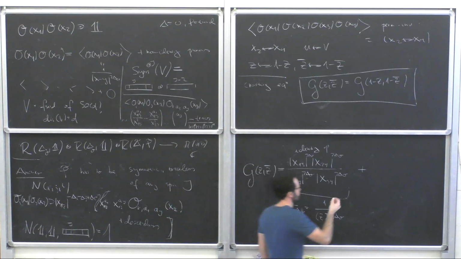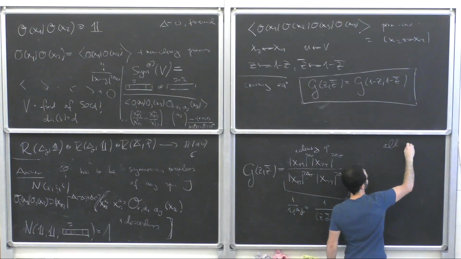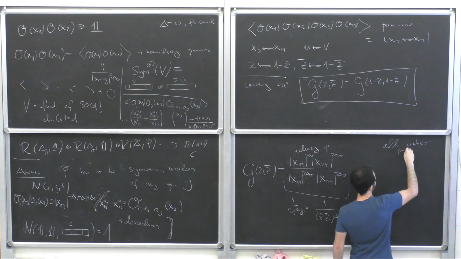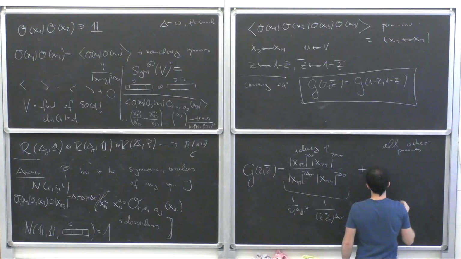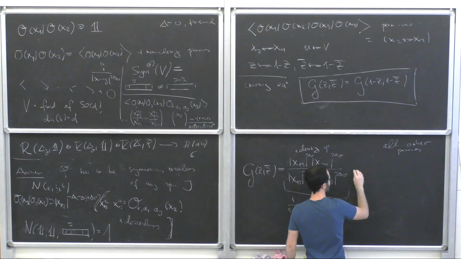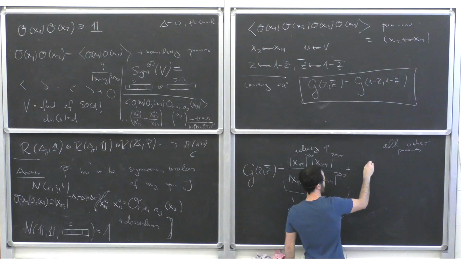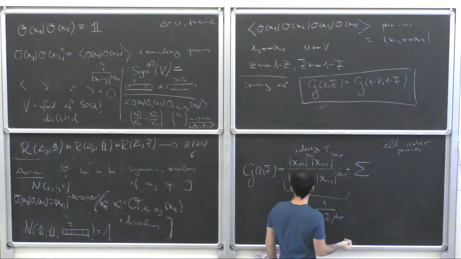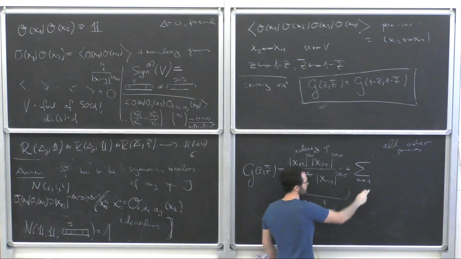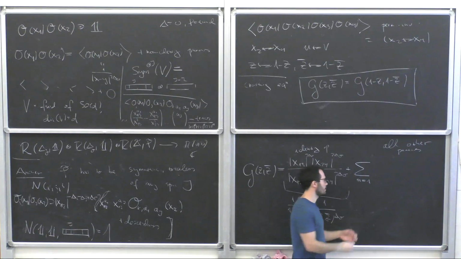And now we have all of the other operators, the other primaries, which we have, more or less established with a bit of hand waving, have to be symmetric and traceless. So let's write it as the infinite sum. I'm going to write it from 1 because m equals 0 is the identity.